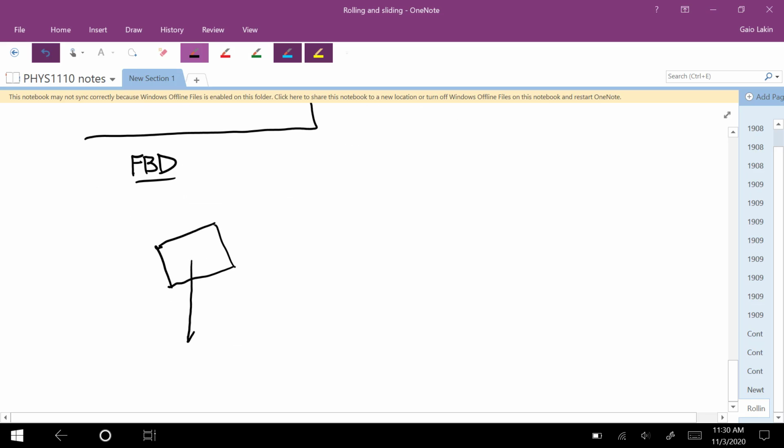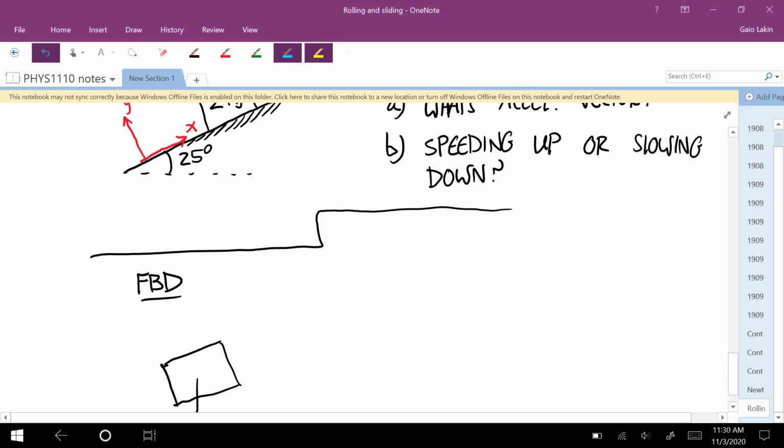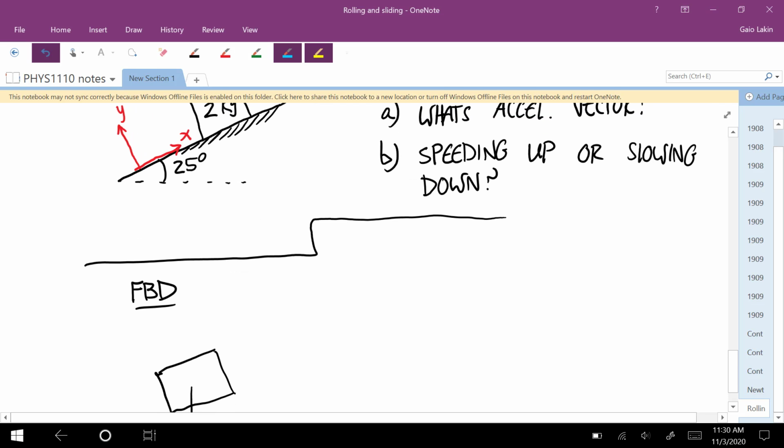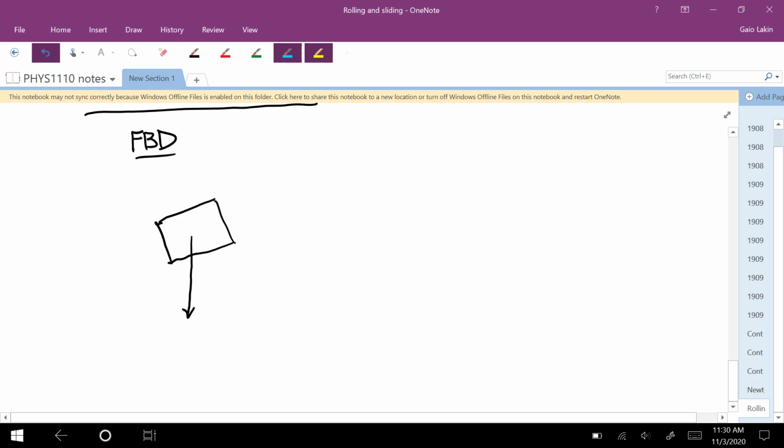There's a weight force acting straight down. I didn't give the mass. Oh, yeah, I did, 2 kilograms. So the weight force is going to be 19.62 straight down. There's going to be a pushing force, a normal force from the surface, like that.